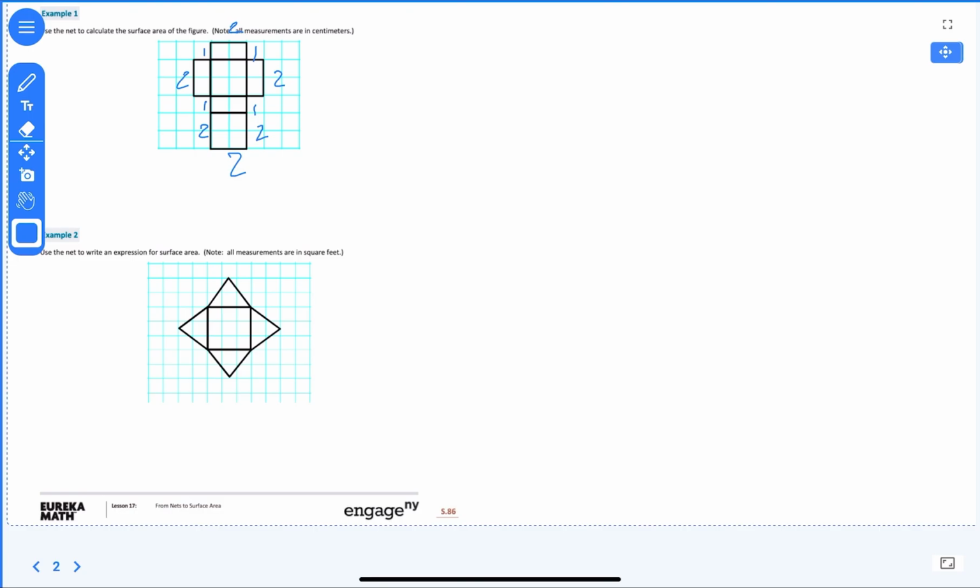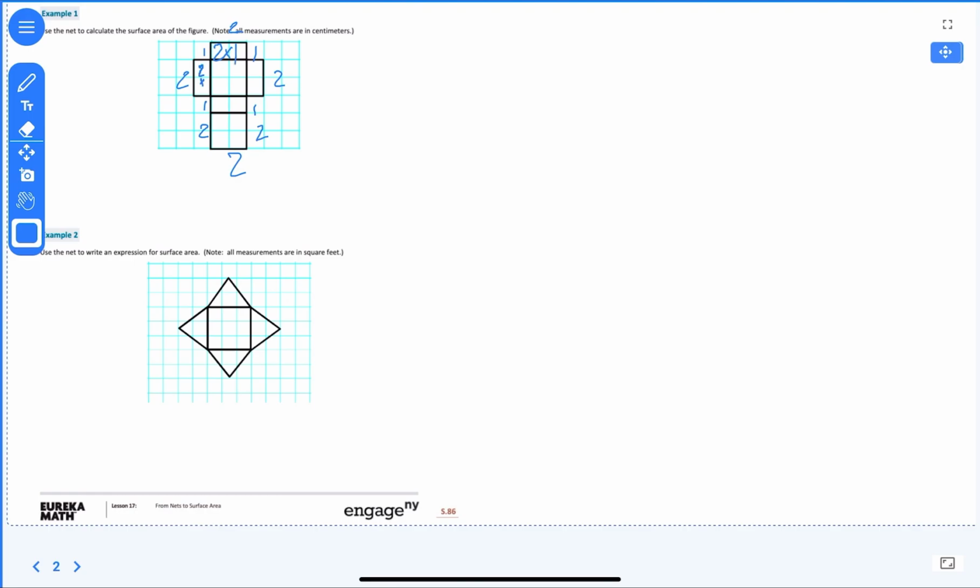So now it says we're going to calculate the surface area. So you need to take each area and write it out in the little box. And what I mean by that is you would say 2 times 1.